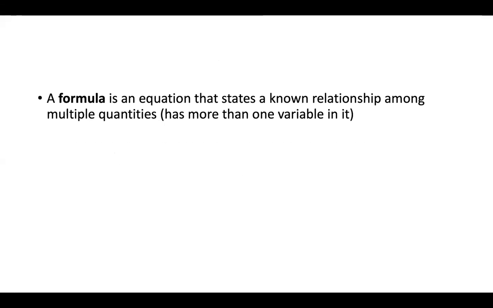All right, so when we talk about a formula, we're talking about an equation that states a known relationship among multiple quantities. Formulas always have more than one variable in them. Some examples of formulas that you'll see in this section are area equals length times width for the area of a rectangle.